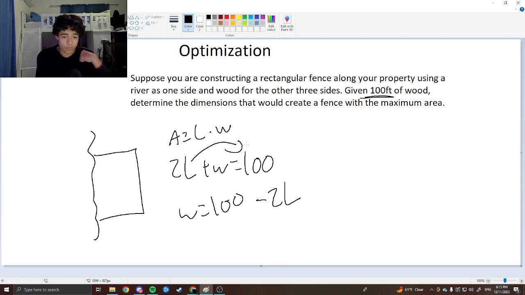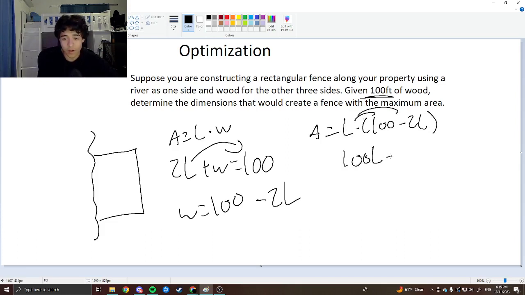All you're doing is moving the 2 over. Now that you have that, you can replace this W with 100 minus 2 length, because they're equivalent. That leaves you with the function area equals length times 100 minus 2 length. Or you could distribute that out and get 100L minus 2L squared. And this is going to be the f of x function that you use for this problem.